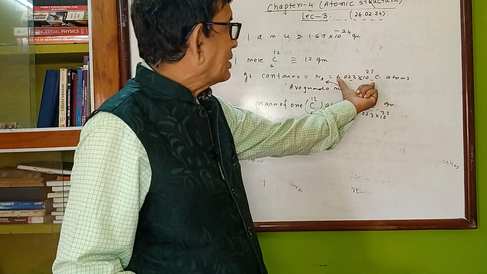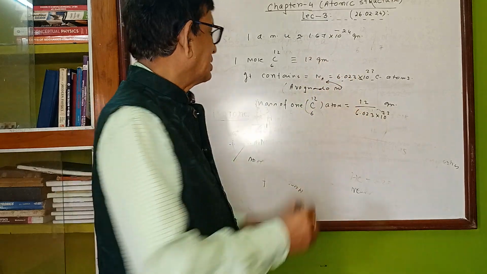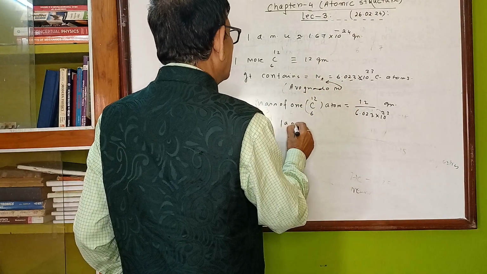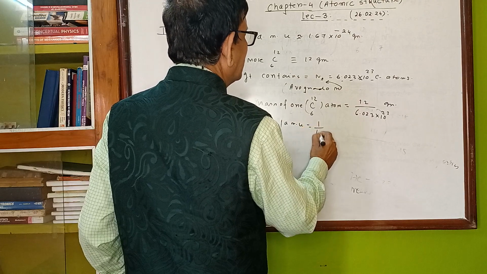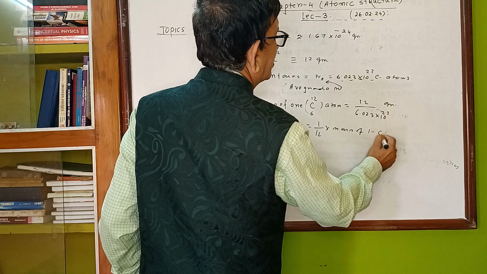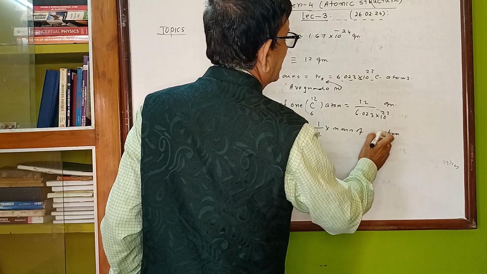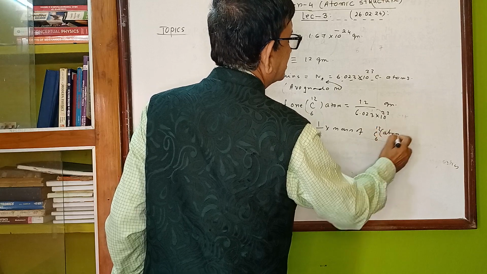Because this number of atoms has a mass of 12 gram. So one atom's mass is this by this, and one atomic mass unit is equal to 1/12 of the mass of one carbon 6 atom. Clear?